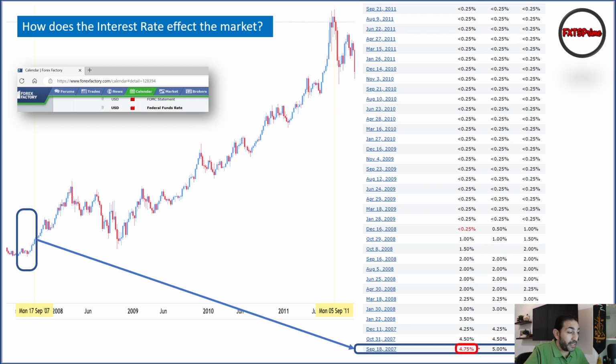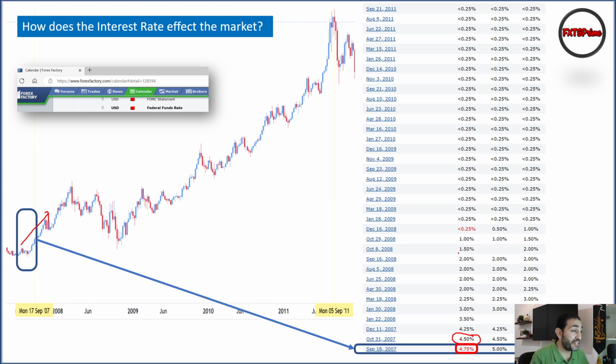Why? Because the rate has reached maximum increase, and after September 2007, the Federal Reserve Bank started to reduce the interest rate by 25 points. And that is where the price started to move up.